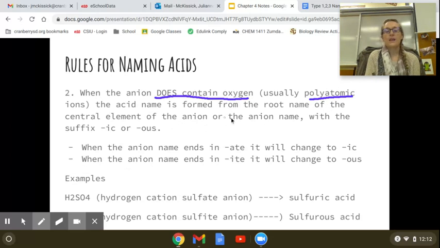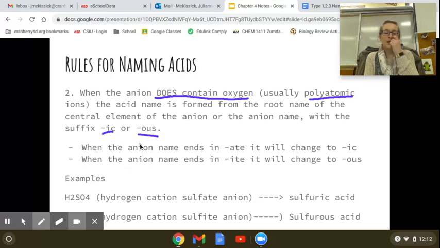So the acid name is formed from the root name of your polyatomic or base word with the suffix ic or ous. Ic is similar to rule 1, but it's going to be a little bit different here when you need to determine whether we're using ic or ous.